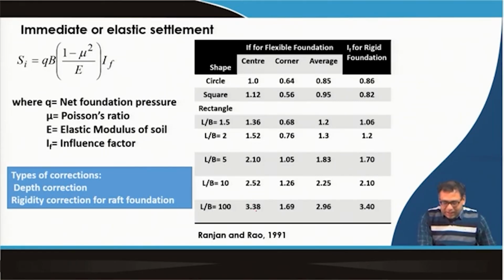As I have discussed, the rigid foundation IF value is 0.8 times the flexible foundation IF value at the center. For the square footing, at the center for flexible foundation it is 1.12, then I will apply the rigidity correction to get the settlement for the rigid foundation. So I will use 1.12.